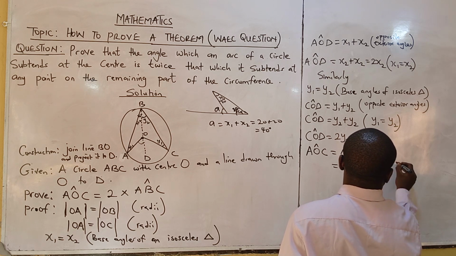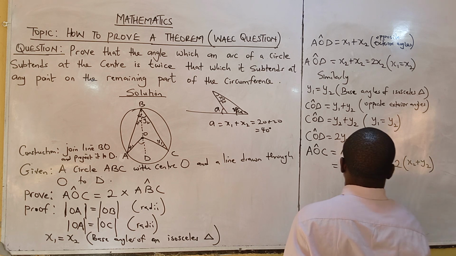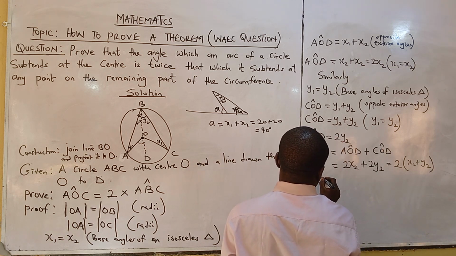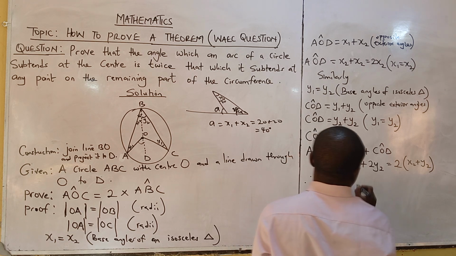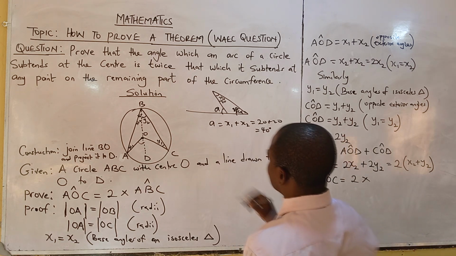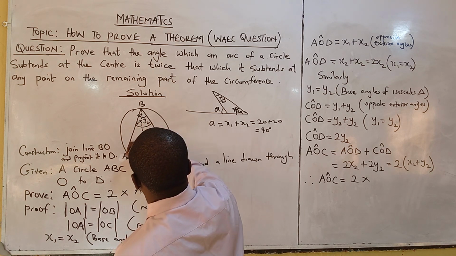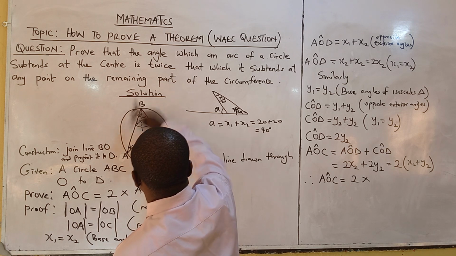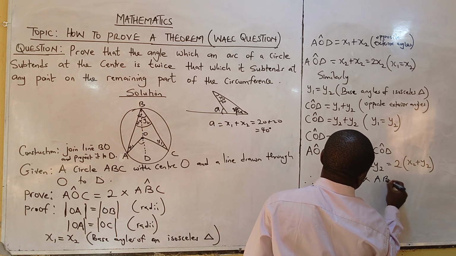What's common? 2 into x2 plus y2. And therefore angle AOC equals 2 times, what's x2 plus y2? When you join them together like this, adding them will give you angle ABC. So x2 plus y2 will give you angle ABC.